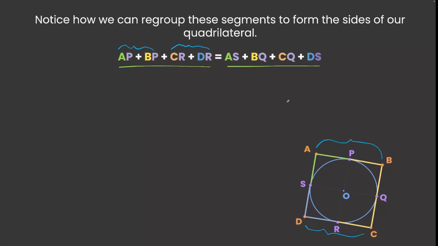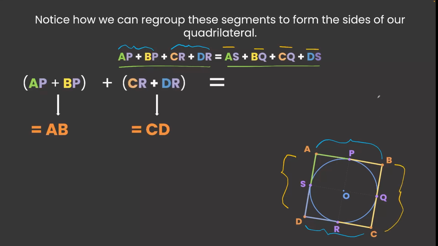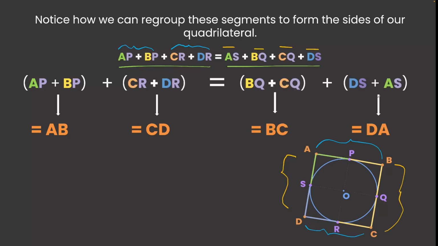If we look at AS plus DS, AS plus DS will give you this entire section, and BQ plus CQ gives you this entire section. That's beautiful, isn't it? So we have AP plus BP is AB, CR plus DR is CD, BQ plus CQ is BC, and DR plus AS is AD.